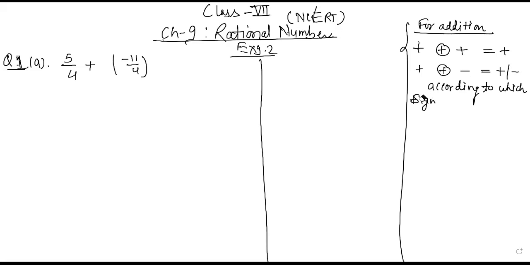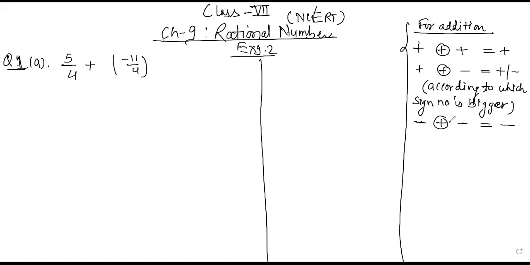According to which sign number is bigger. Okay, then you will get a clear idea. I will explain this in the questions, so don't worry. And if two numbers having negative sign are added, the answer will always come in negative.